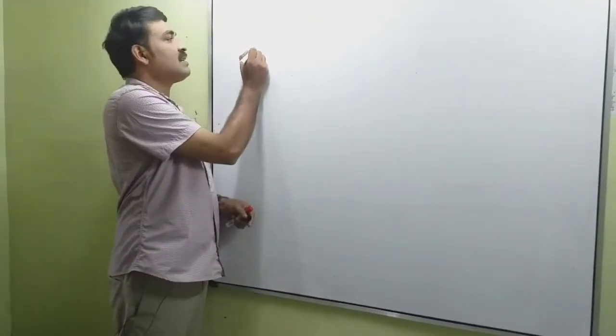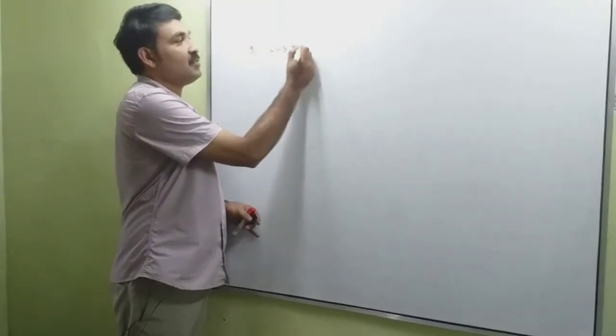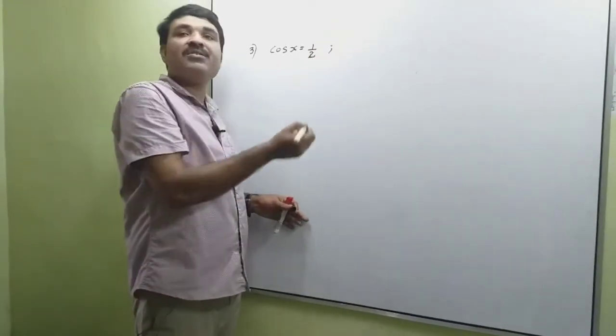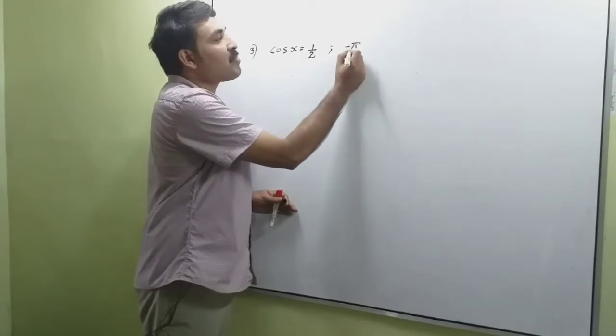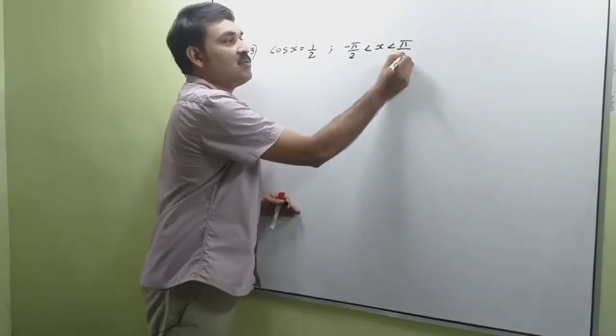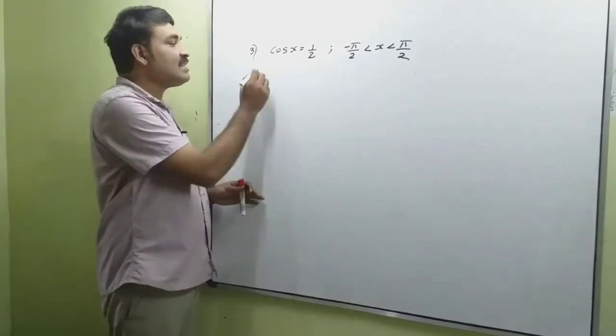Now consider the question. They are given cos x is equal to 1 by 2 and a condition on x is imposed. That is minus pi by 2 less than x less than pi by 2. Okay. Now we want to find which is greatest.